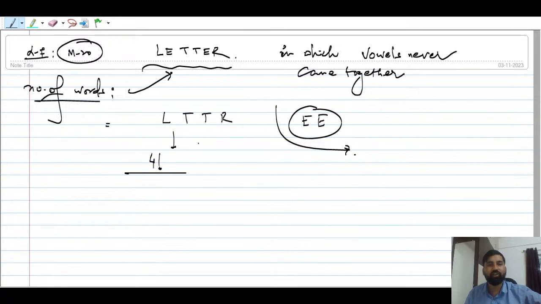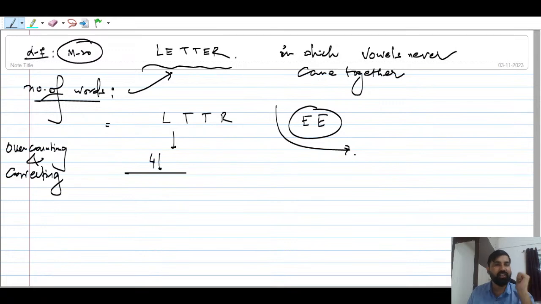We are using over counting and correcting here, a concept which I learned from the recently launched Stanford Online course. The second concept is the gap method. So we are using these two methods, that's it.